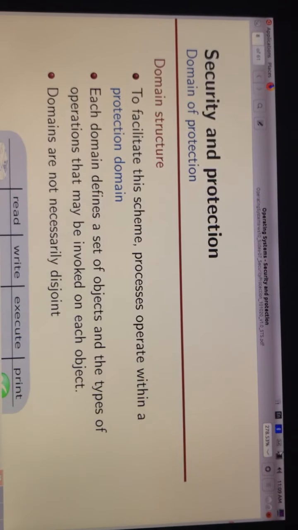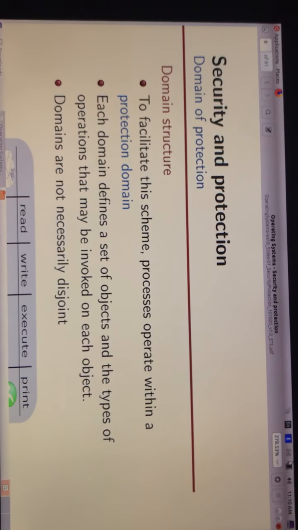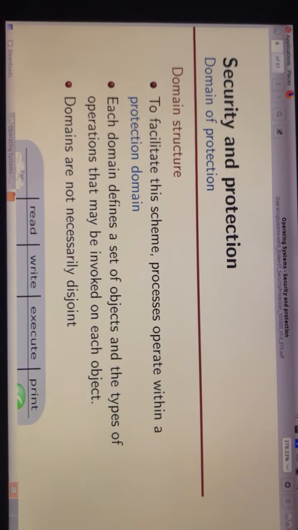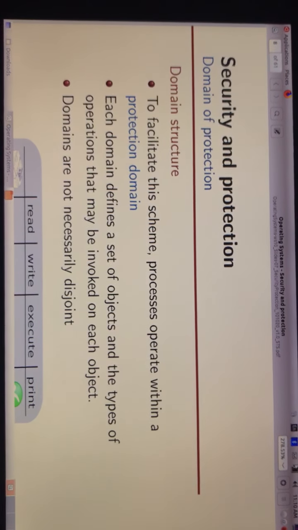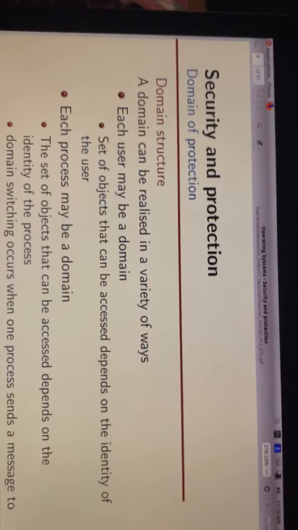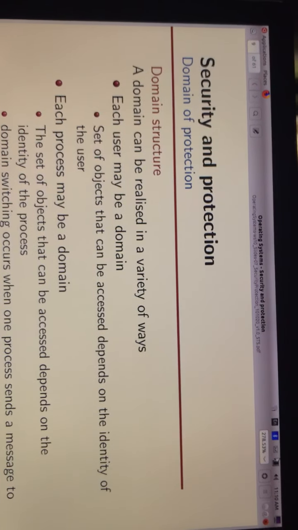Then for the domain of protection, to facilitate this scheme, a process should operate within a protection domain. Each domain defines a set of objects and types of operations that may be invoked on each object. These are the domain structures. The first one is each user may be a domain.